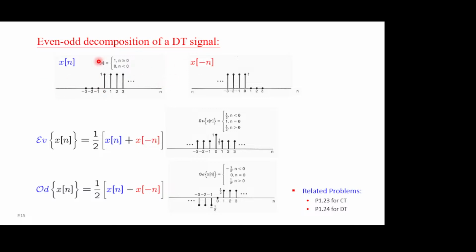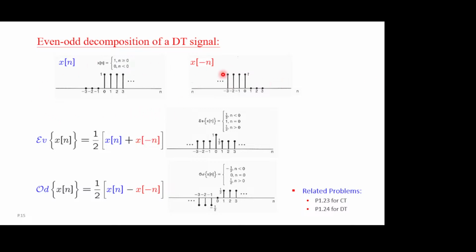Okay. Then when we do time reversal on this, we'll flip around n equal to 0. So n equal to 0 and x equal to 1 still stay the same, but left and right flip. So instead of 1, 1, 1 on the plus part, you have 1, 1, 1 on the negative part.